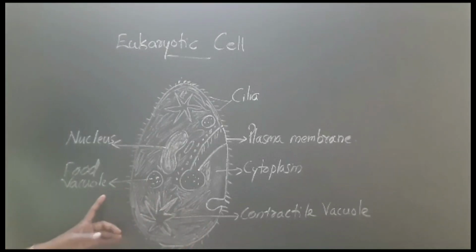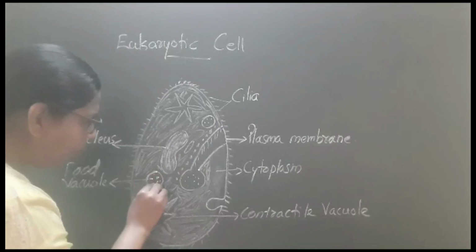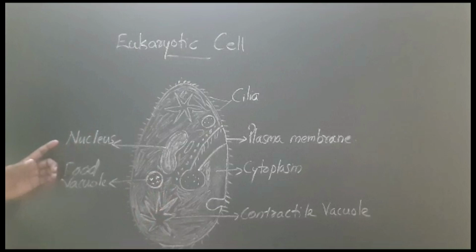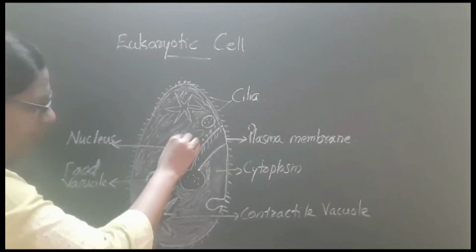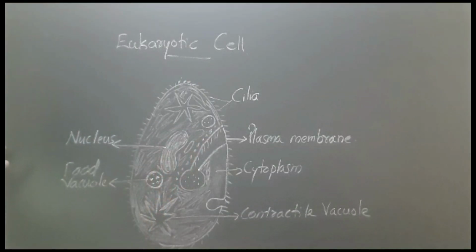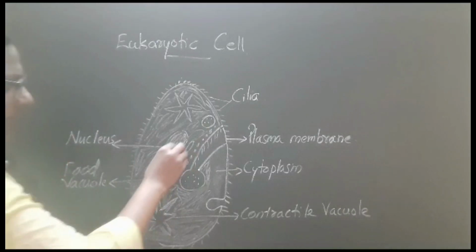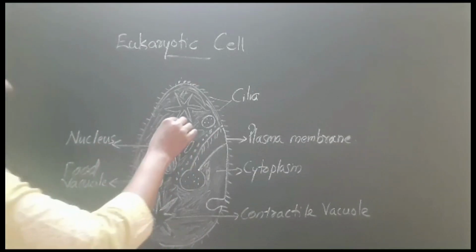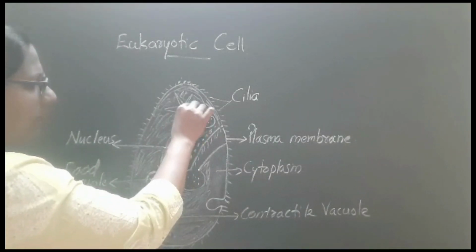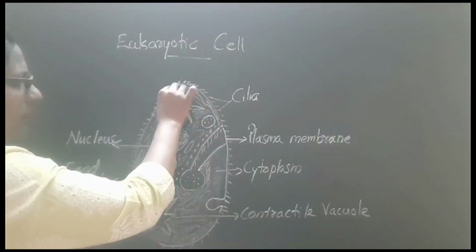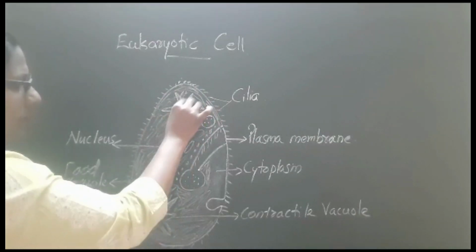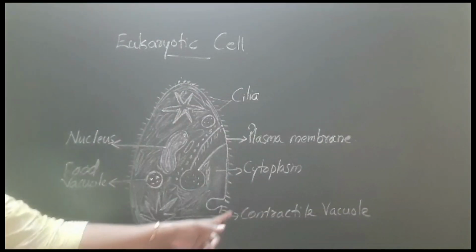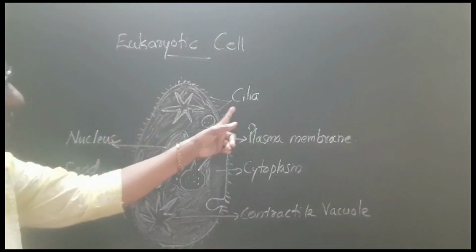There is food vacuole. Here is the food vacuole. Then you can see here the nucleus. In prokaryotic cell there was no nucleus, and here in eukaryotic cell you can see the nucleus. So the hair-like structure outside is called the cilia.